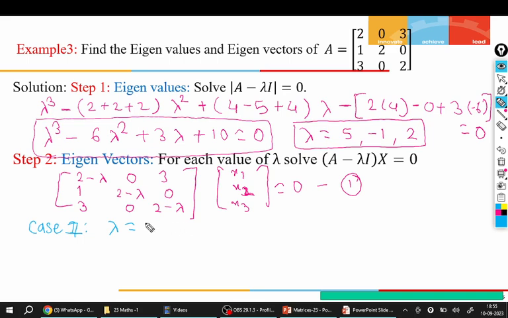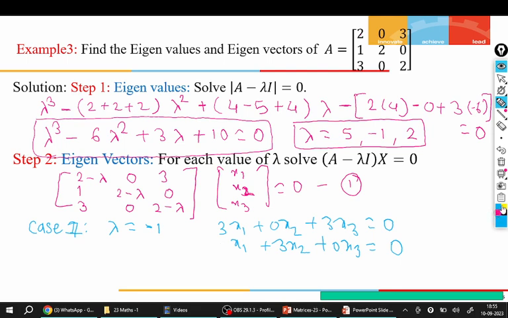Say lambda is minus 1. So we are putting lambda equal to minus 1 in this. So 2 plus 1 is 3: 3x1 plus 0x2 plus 3x3 is 0. Next, x1 plus 3x2 plus 0x3 is 0. I have taken only two equations because I am going to use Cramer's rule again.